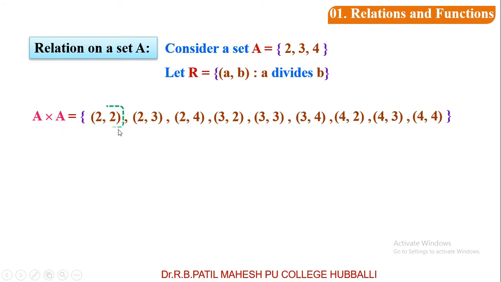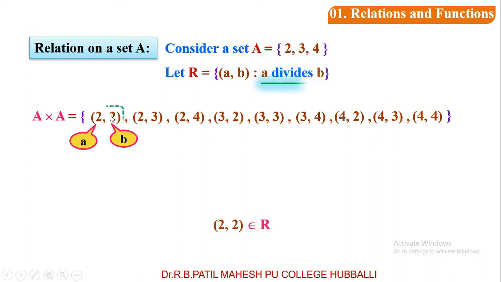Now check which ordered pairs satisfy this relation in set builder form, that is a divides b. Here I denote the first element as a, the second element as b. So the relation is a divides b. The first ordered pair is (2,2). The first element is a, the second element is b. Now check a divides b means, does 2 divide 2?